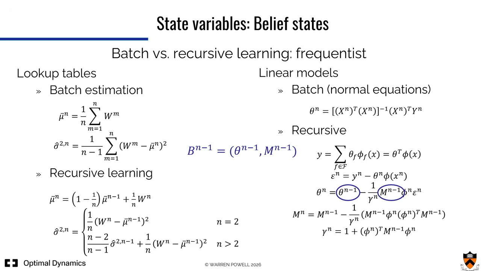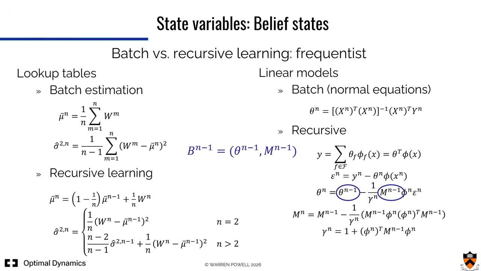And this matrix M, if I have 3 variables in theta, the matrix M will be a 3 by 3 matrix. M is basically hiding the covariance matrix. I just never have to invert it. But if you tell me theta n minus 1 and the matrix M, I have all the information I need to move forward. Everything else here is information that arrives in the future.